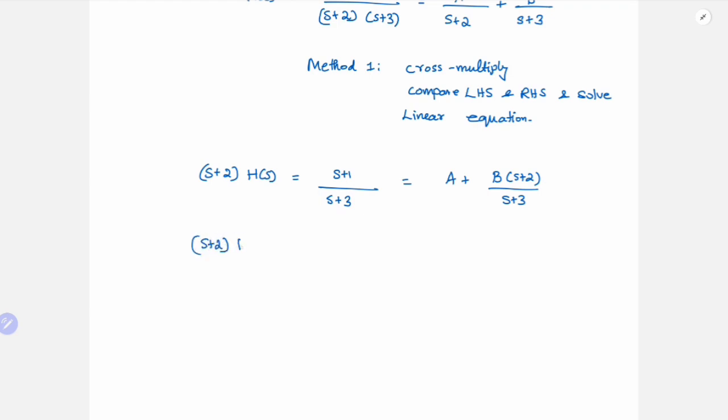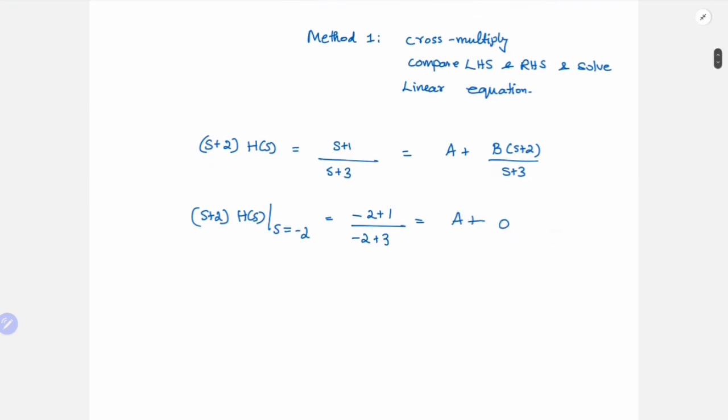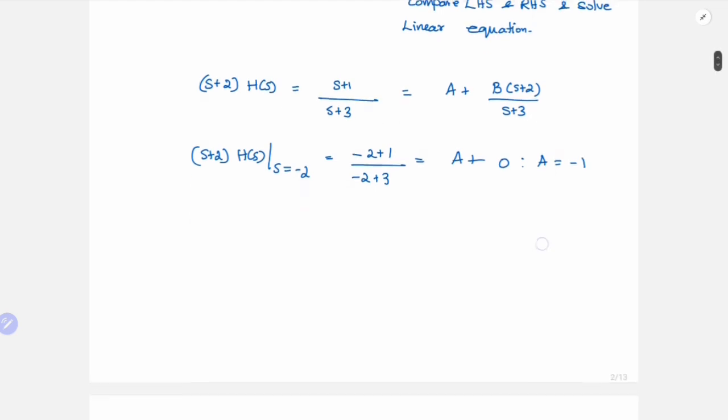So (s+2) into H(s), in this equation, I substitute s equal to minus 2. Then (-2+1)/(-2+3) is equal to A plus 0. This term goes to 0, right? So now I can easily get A. A is nothing but minus 1 by plus 1, so it is minus 1.